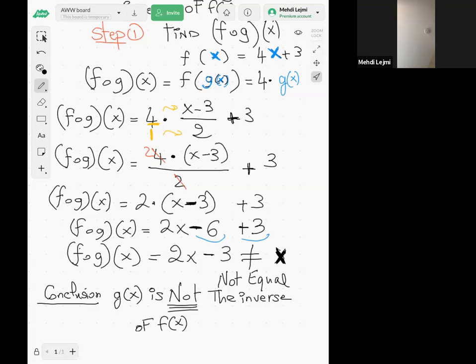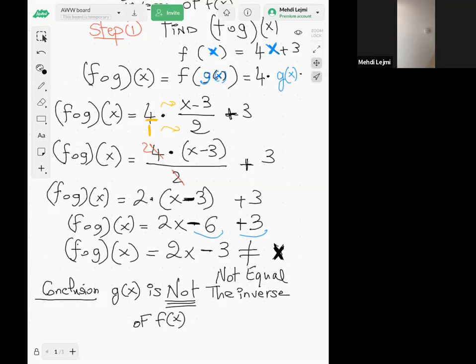If there's no question, then let me give you a similar problem where you have to determine whether g is the inverse of f. Whenever you want to check if a function is the inverse of another function, you have to do these 2 steps. And if in one of the steps you don't get x, then your g is not the inverse.